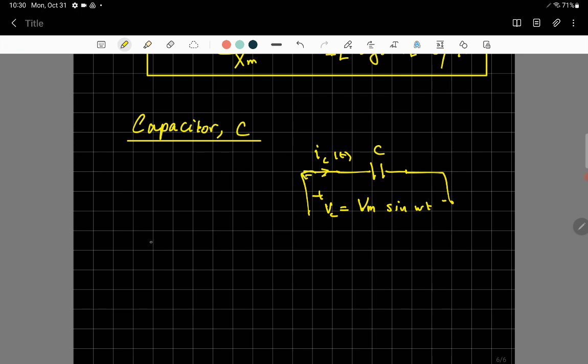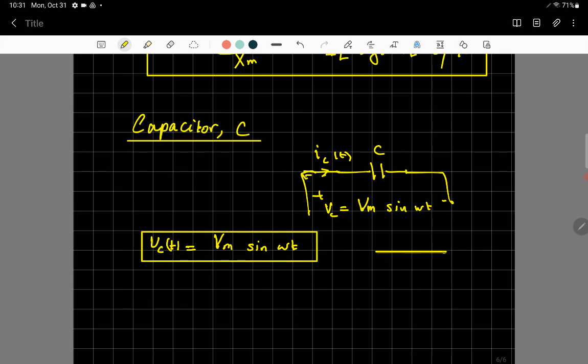Well, we'll write just the voltage across the capacitor. We'll assume it is Vm sine omega t. Well, that's the voltage. So the phasor representation will be just a vector like that, and this is the voltage across the capacitor, angle 0.